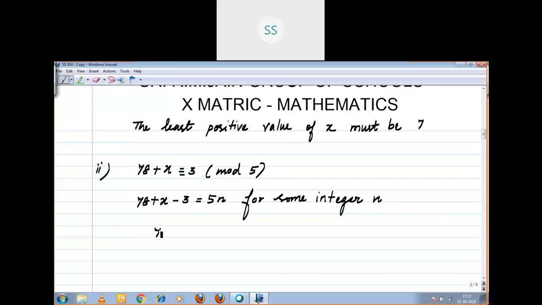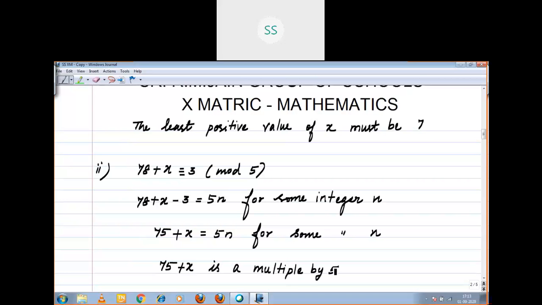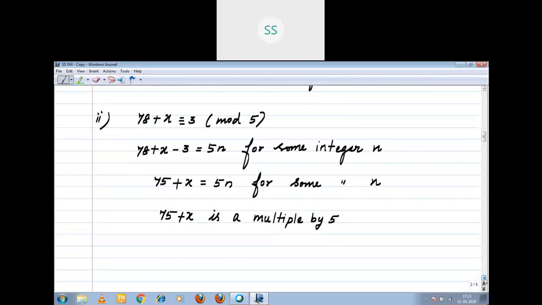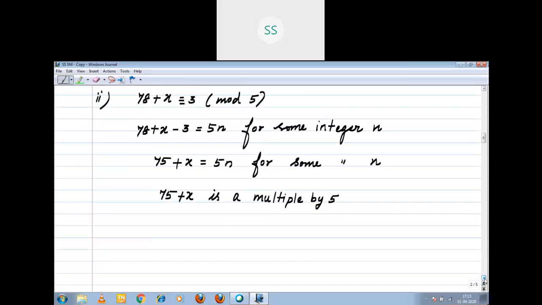Now how does it become? 75 plus x equal to 5n for some integer n. Now 75 plus x is a multiple of 5. Will you agree or not? That means what should be the least value of x? Definitely the least value of x should be 5. When you substitute 5, it is divisible by 5, right?